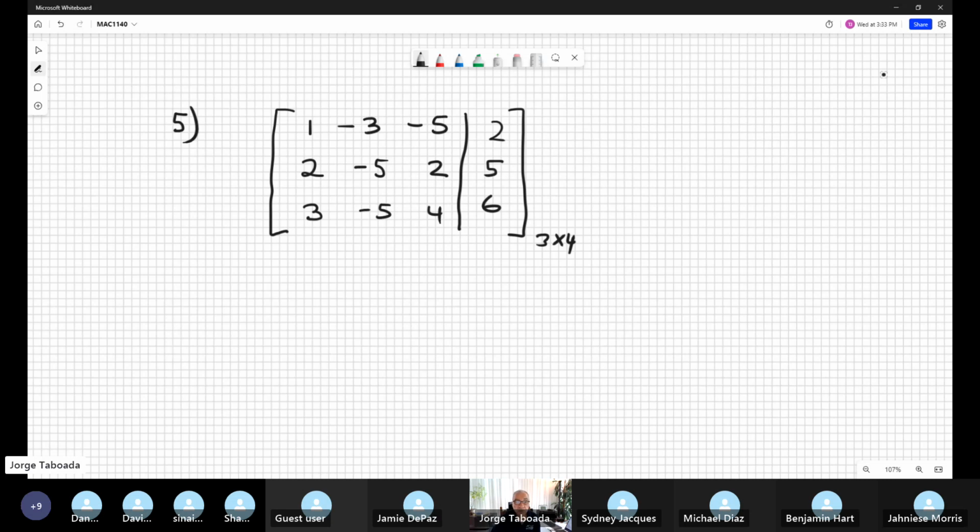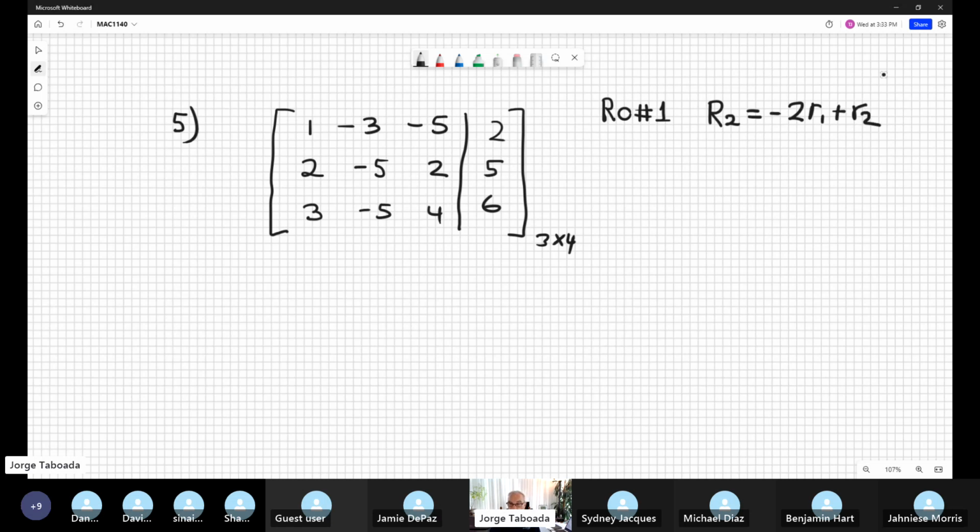Entonces, on that matrix, you need to perform several row operations. This indicates, entonces, you respect it. So row operation number 1 is R2 equals minus 2 R1 plus R2.